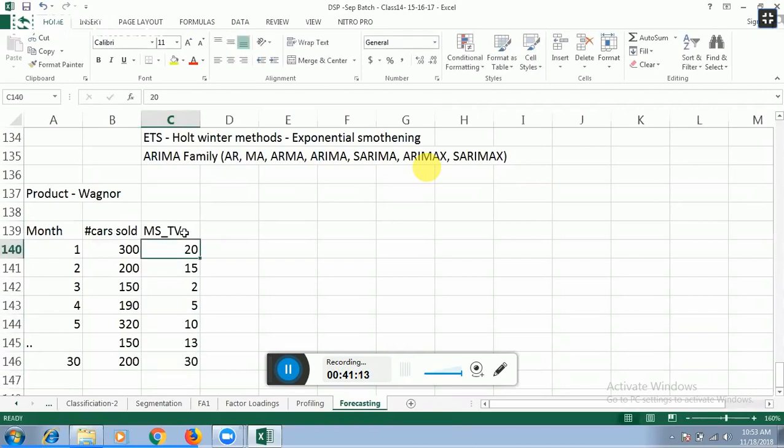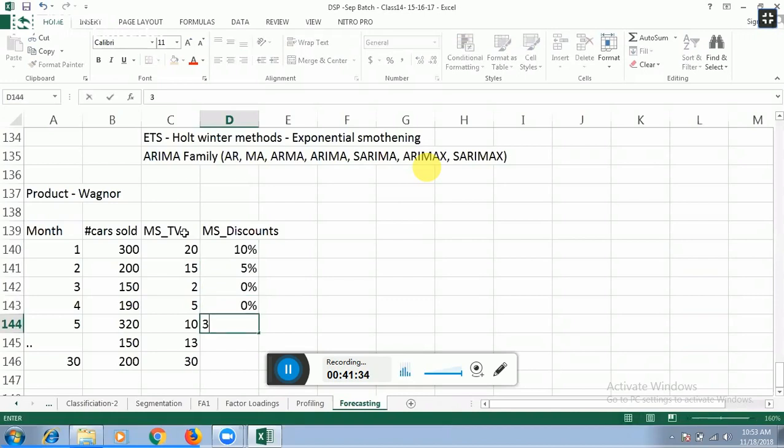And the marketing spend on discounts, because sometimes they give discounts. They give a high discount here, 10%, here 5%, here 0%, here 0%, here 3%, here 2%, here 10%, something like that.